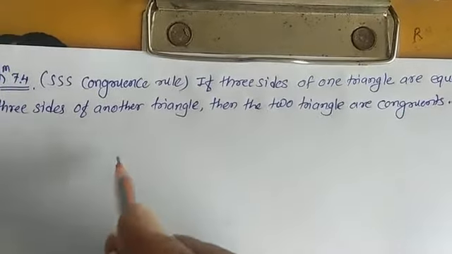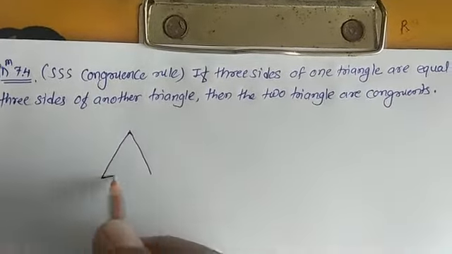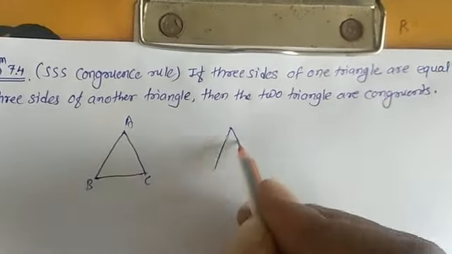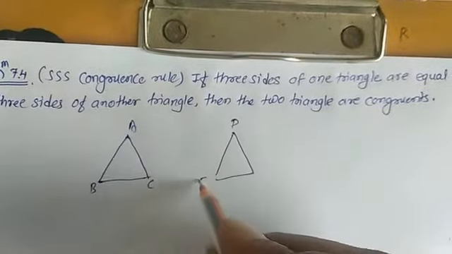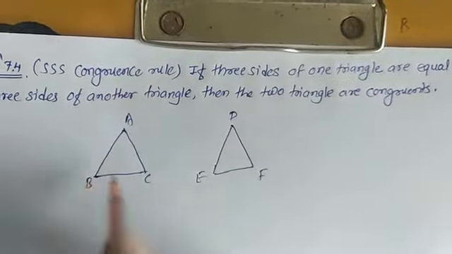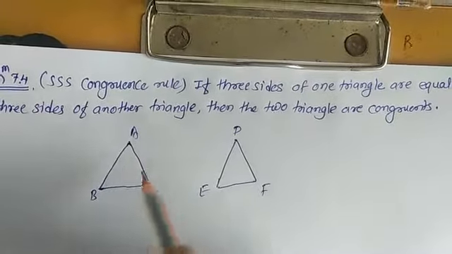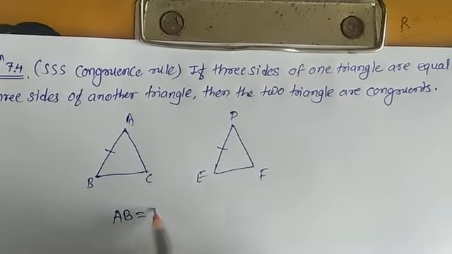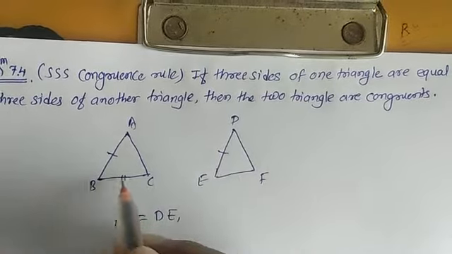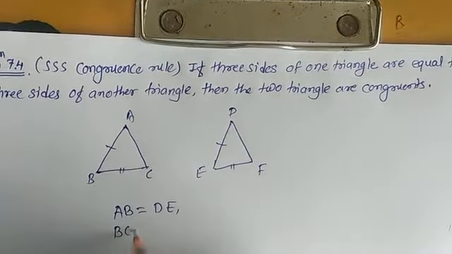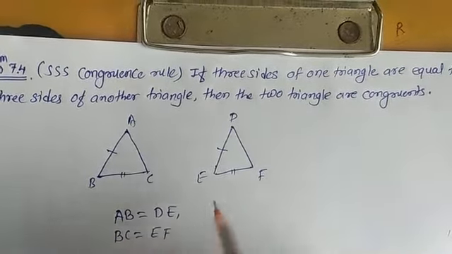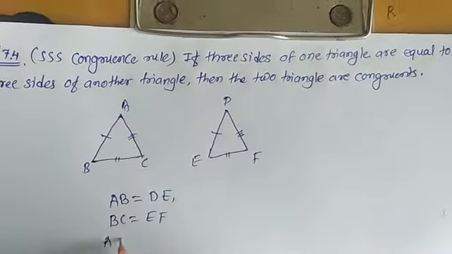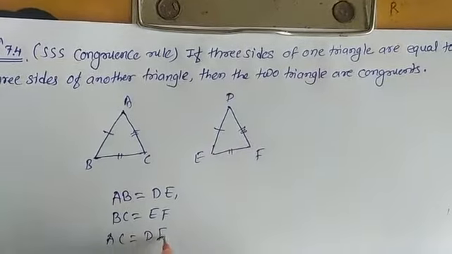That means if you consider two triangles ABC and DEF, these two triangles are congruent if AB is equal to DE, BC is equal to EF, and AC is equal to DF.